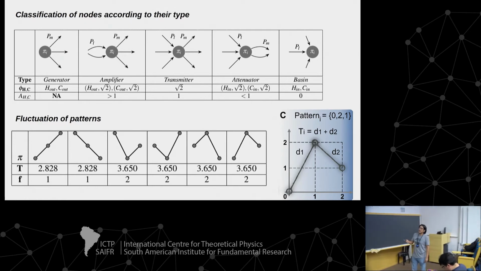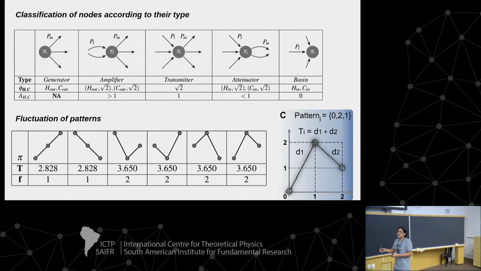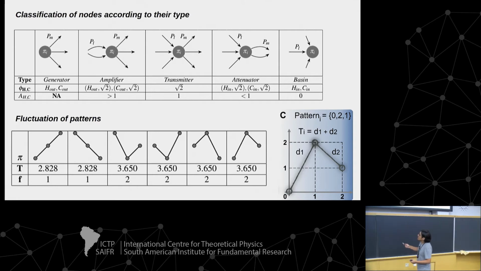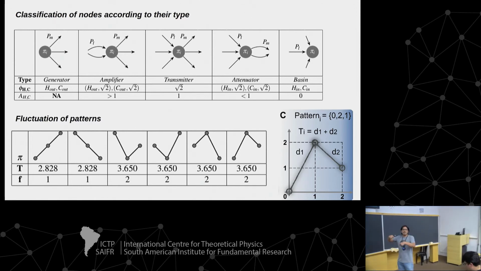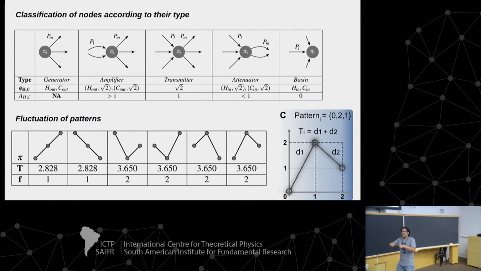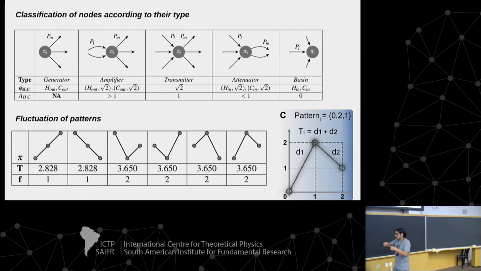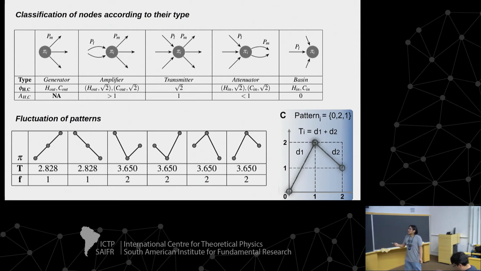The fluctuation of a pattern is how a given pattern, for a given dimension, in this case the number of points that we use to build the pattern, increases and decreases, and what the measure of that increase and decrease is.